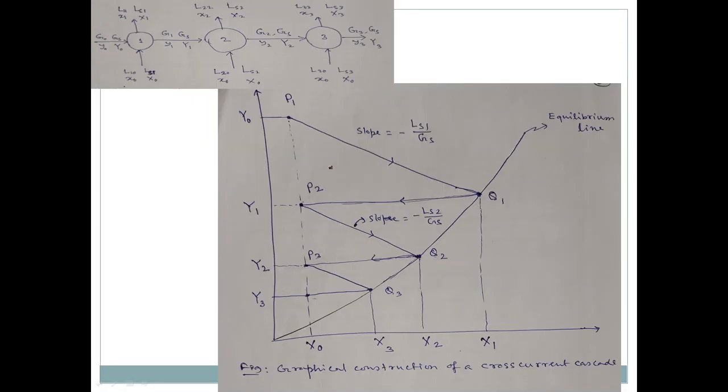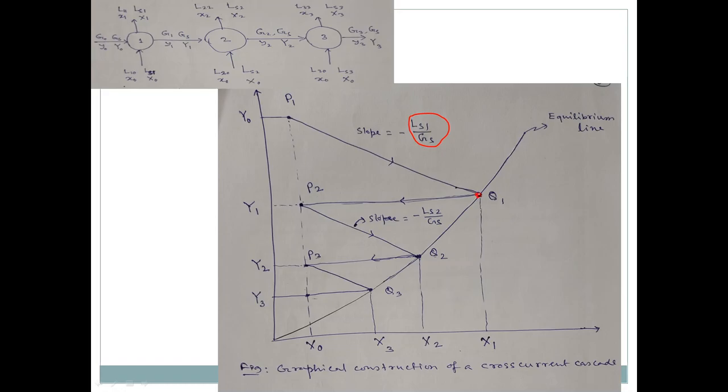Okay, so if you take this, let's say I have Y0, that is high benzene content. Then you take L0, the first unit, X0 and Y0, and the slope is negative. So in the mixer, when you reach the equilibrium, the slope will be minus LS1 by GS. So you reach here first.